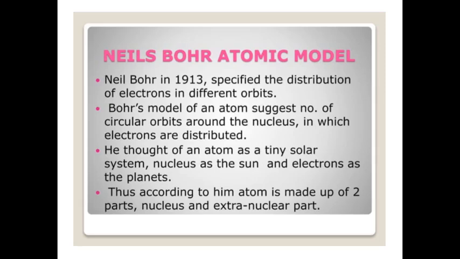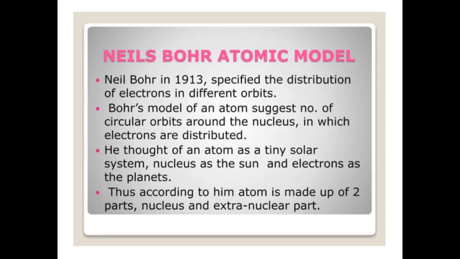In Niels Bohr's model, there is a specified distribution of electrons in different orbits. The Bohr model suggests a number of circular orbits around the nucleus in which electrons are distributed. He also thought of an atom as a tiny solar system, the nucleus as the sun, and electrons as the planets.